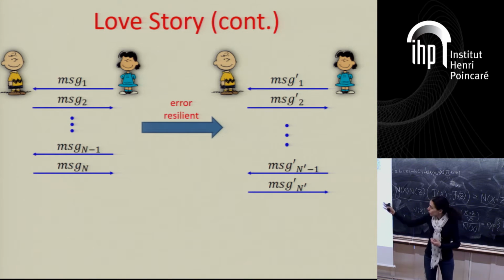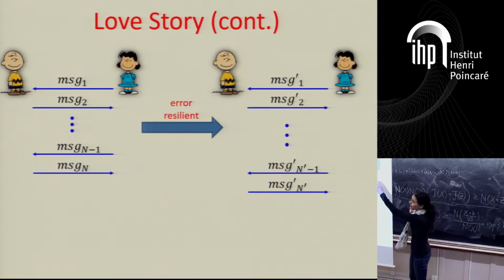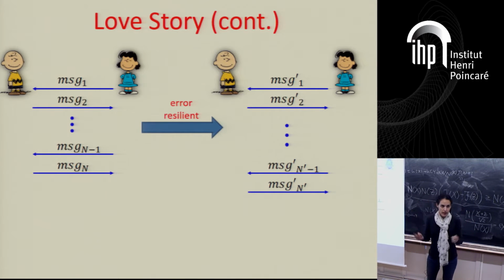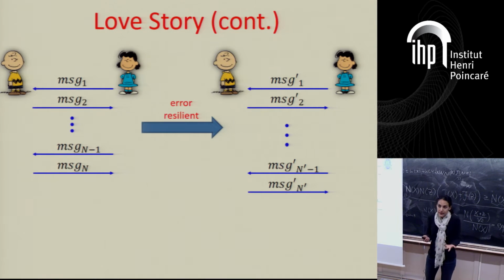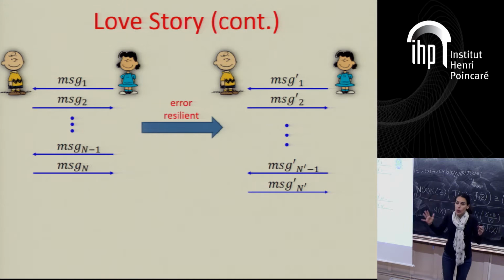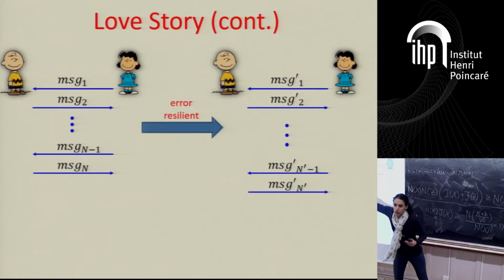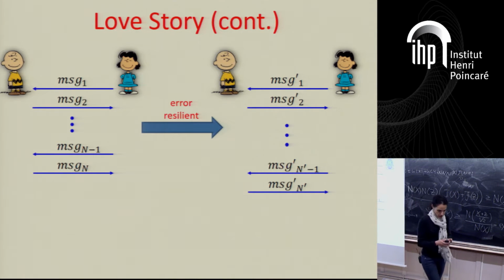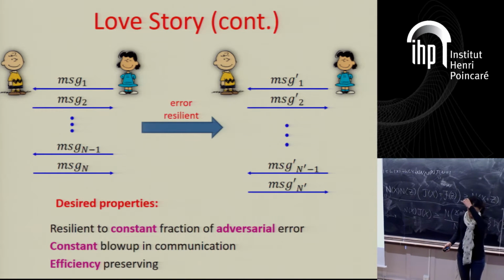In the error-resilient protocol, the messages are slightly different; they're encoded. And the property we want is exactly as before. Even if there's some error somewhere, so an epsilon fraction, 0.1 of the bits anywhere here are flipped, I still want to be able to decode the original conversation. That's the goal.